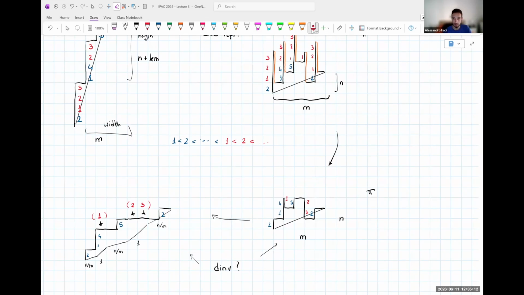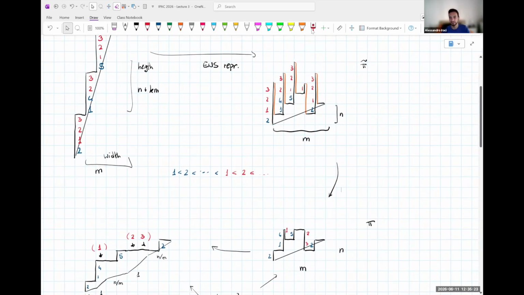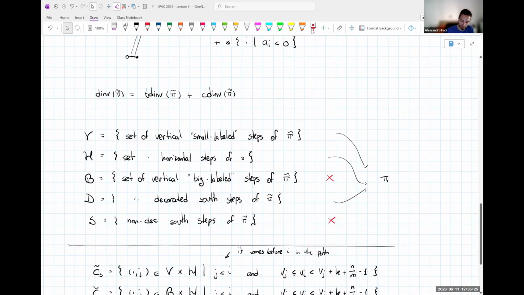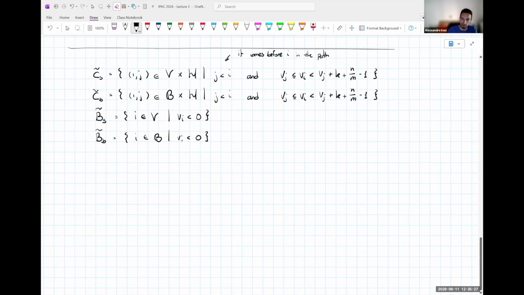And we are going to distinguish the ones depending on which one is on the right and which one is on the left.